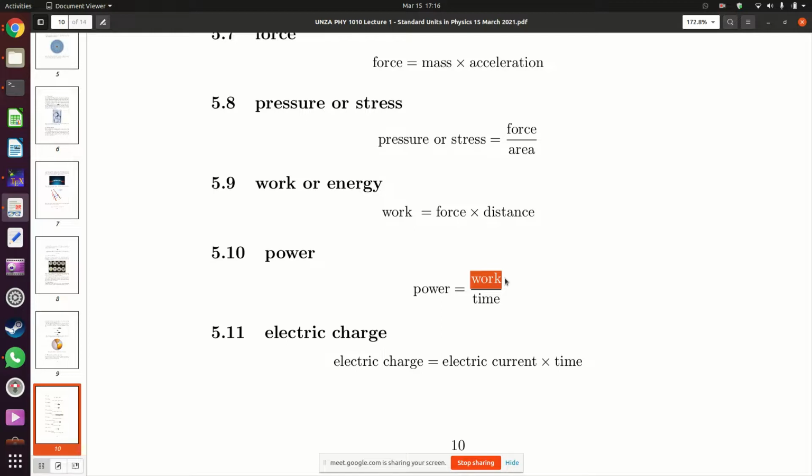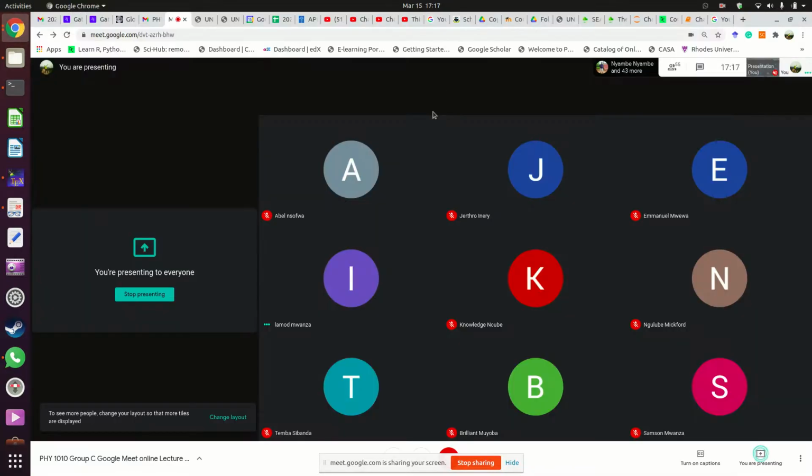Like I have said, you come up with a derived quantity by multiplying or by dividing, not by subtracting or by addition. Are we clear? Do you have any questions so far? Can we push forward?